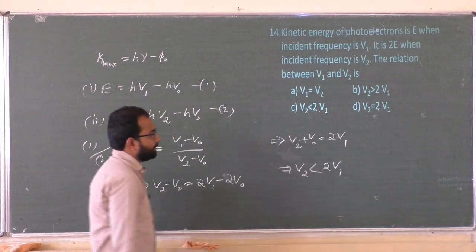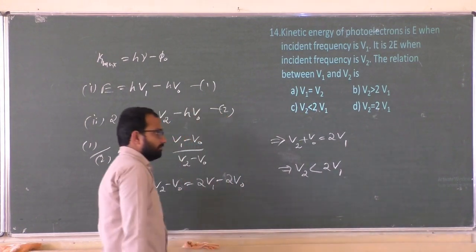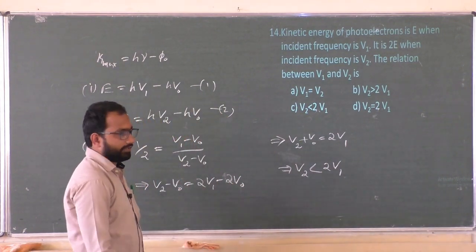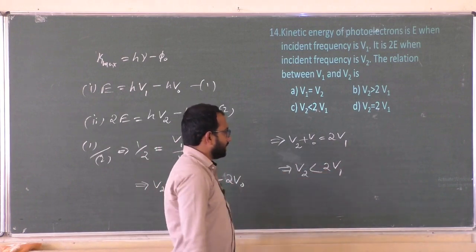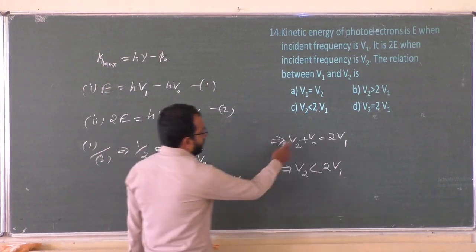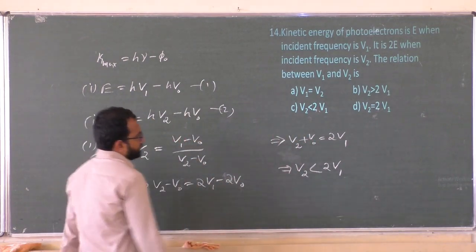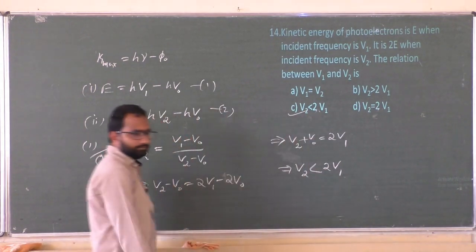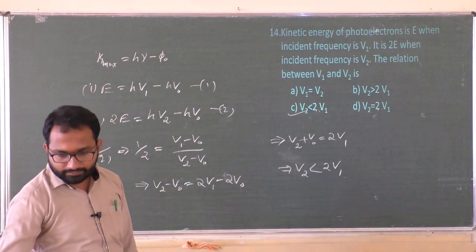All are frequencies, V1, V0 and V2. Therefore V2 is less than 2 times V1, because 2V1 minus V2 is equal to V0. The option is C. Okay, the next question.